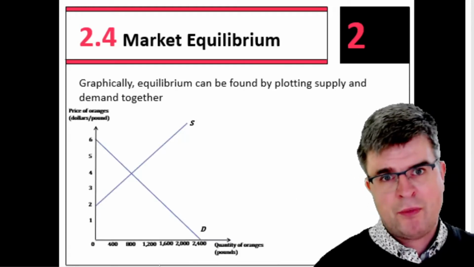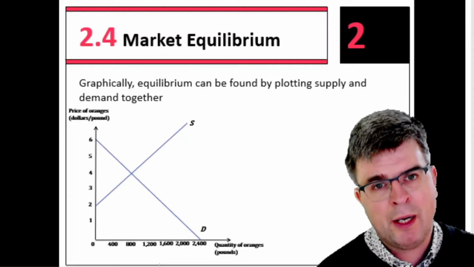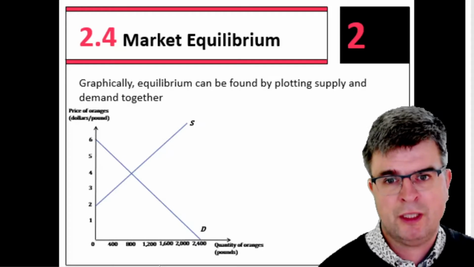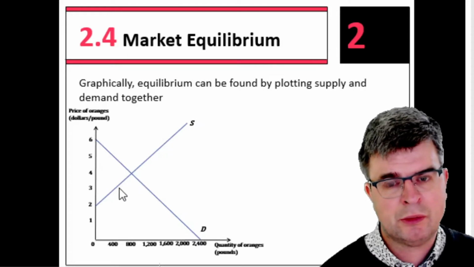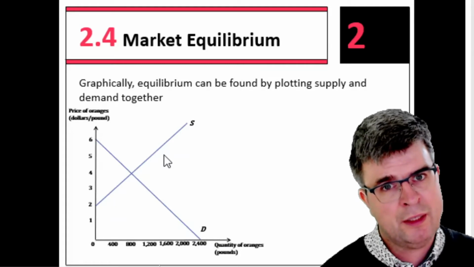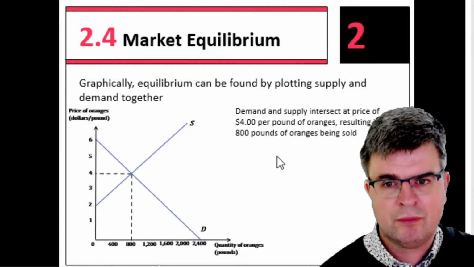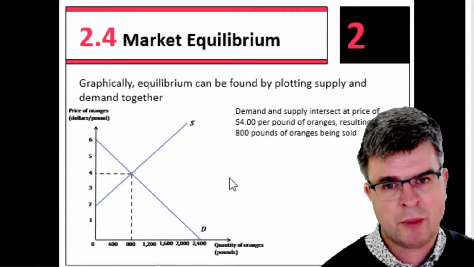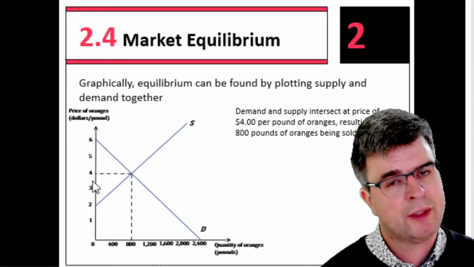So that was the mathematical exposition. We can also do this graphically by combining the demand and the supply function into one graph. And we want to have the point where the quantity supplied equals the quantity demanded. And naturally, that's the point where the two intersect. And you can readily see in this picture that that is the point that is associated with a price of 4, the equilibrium price.